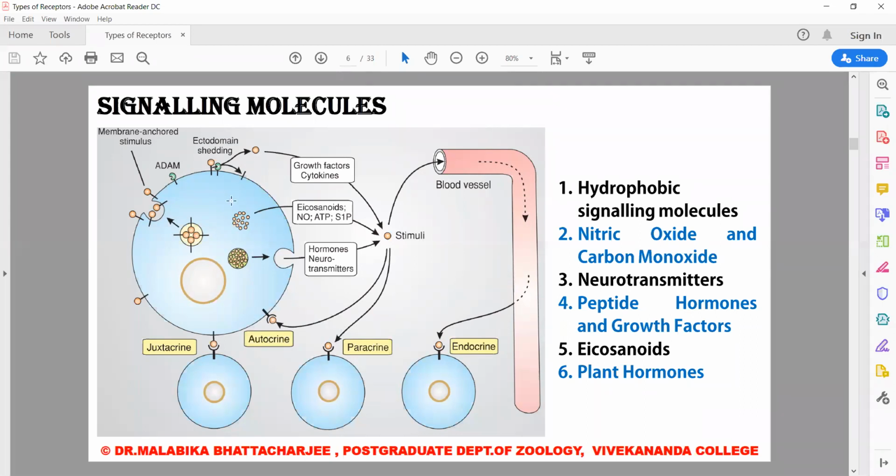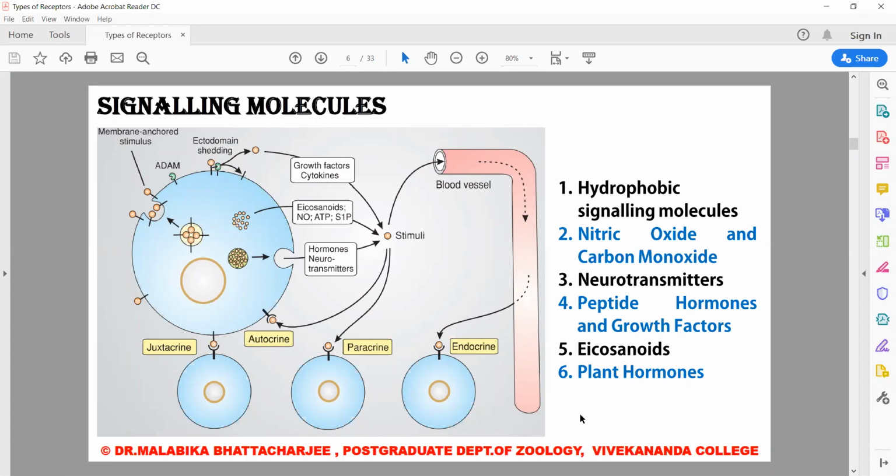Or there are ligands, membrane anchored stimuli. Ligands can be expressed by a cell, which can now activate a receptor present on another cell, giving rise to contact dependent or juxtacrine category of signaling. So depending on the stimuli, these are the four standard basic categories of signaling that can be observed within living systems.